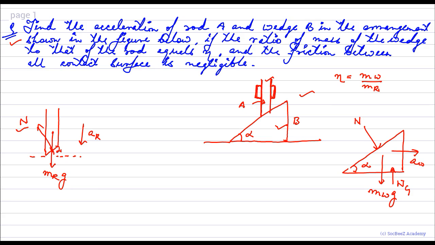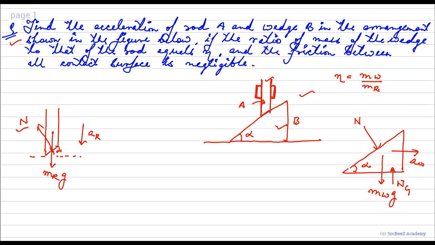Now I need to note a few other things in this problem. The first being that the rod and the wedge are always in contact with each other. So if they are always in contact with each other, I'll get one equation which would be a constraint equation, which would give me the relationship between the acceleration of the rod and that of the wedge. Now let me draw the accelerations of the wedge and that of the rod along the direction which is perpendicular to the contact surface.